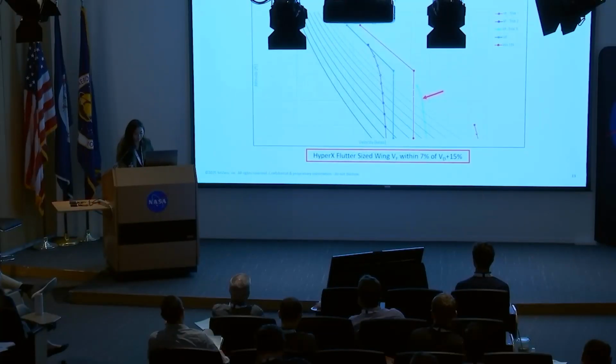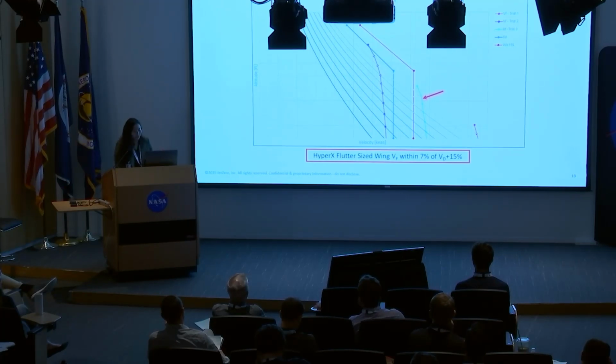So we got the stiffnesses there, resized it for strength and stability in HyperX, and got a flutter speed boundary that is outside the red line, within 7%. So how do all these trials compare?